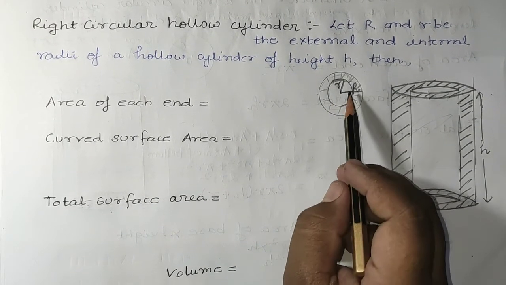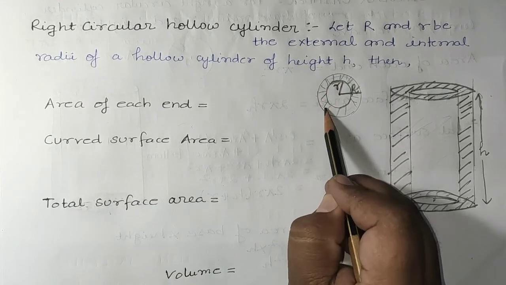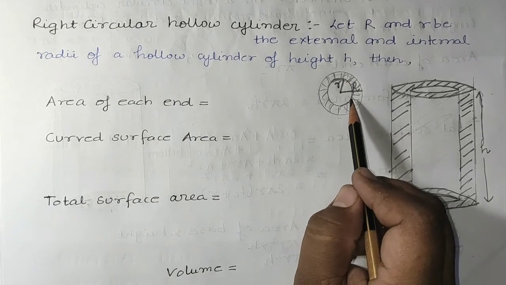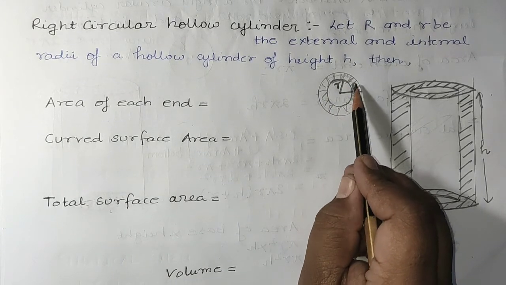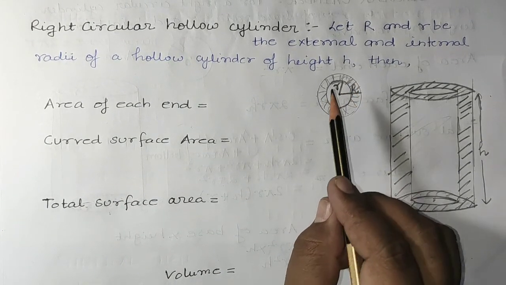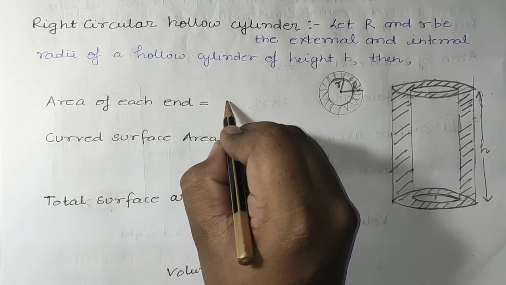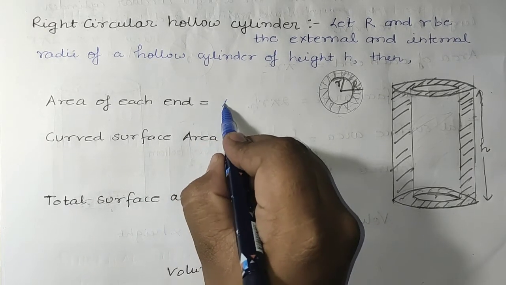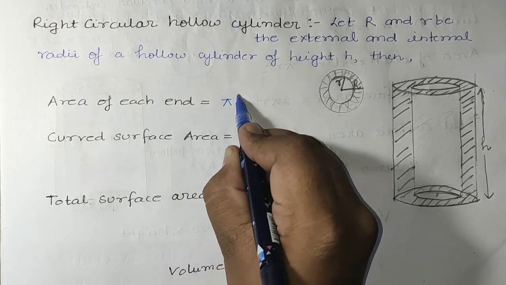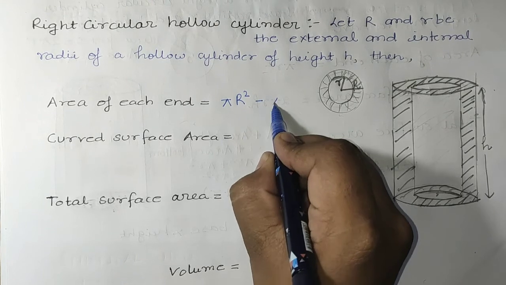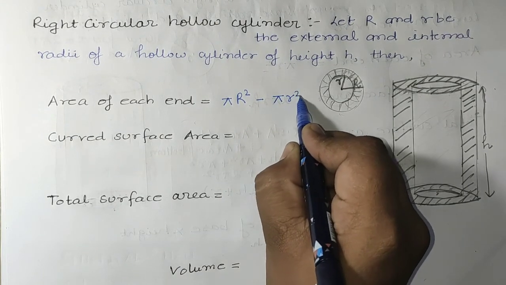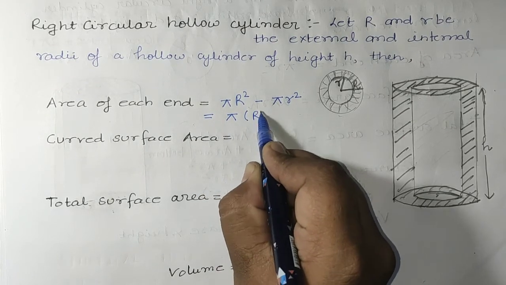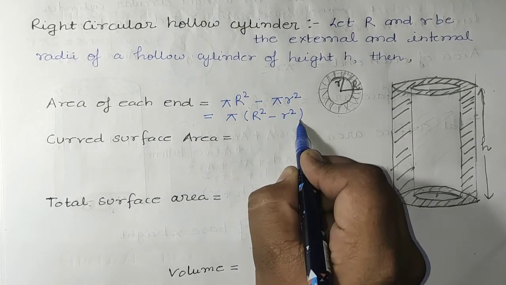We all know that if we want to find the area of this shaded shape, we just have to subtract the area of the smaller circle from the larger circle. So for the area of each end, the formula is pi R square minus pi small r square. If we take pi as common, it will be pi times R square minus r square.